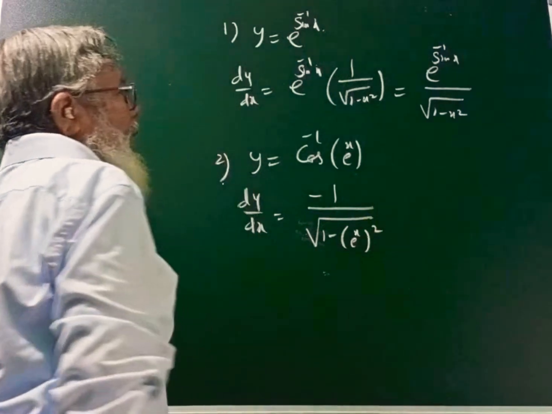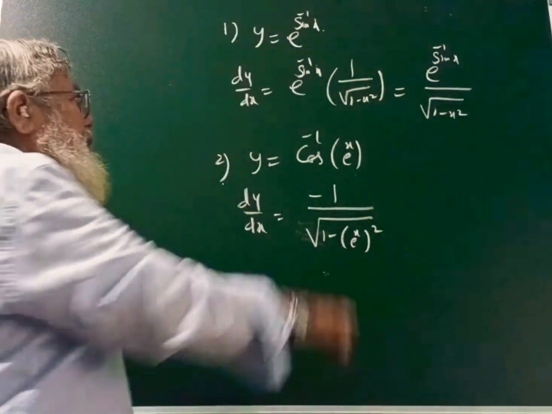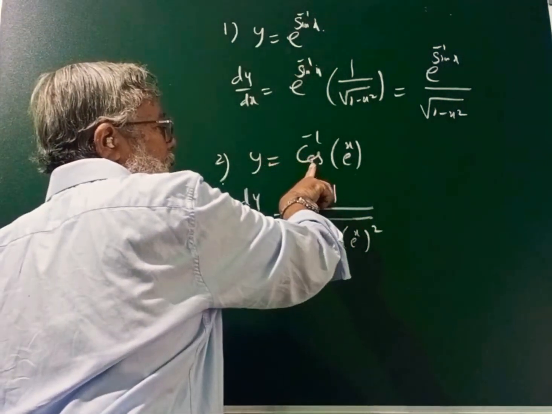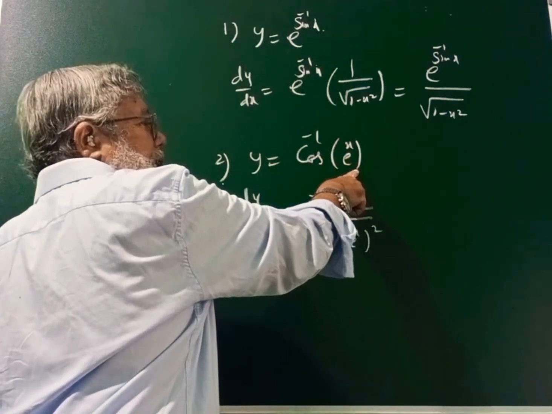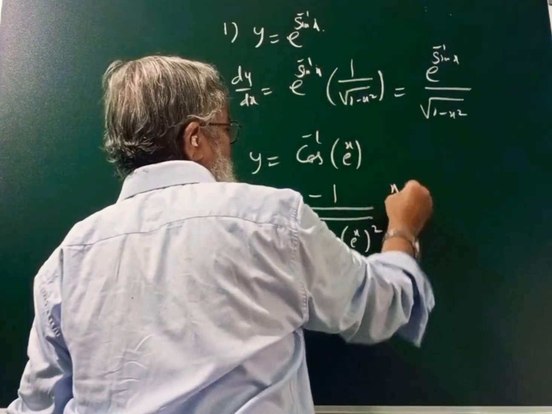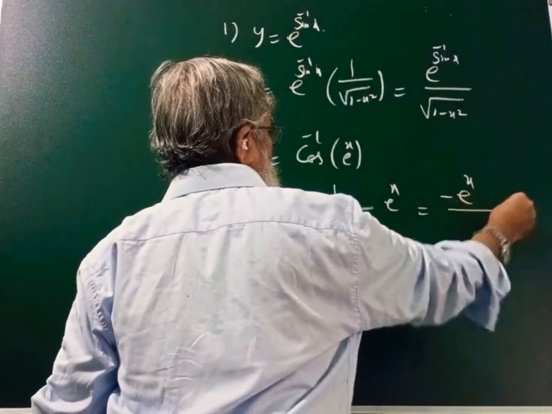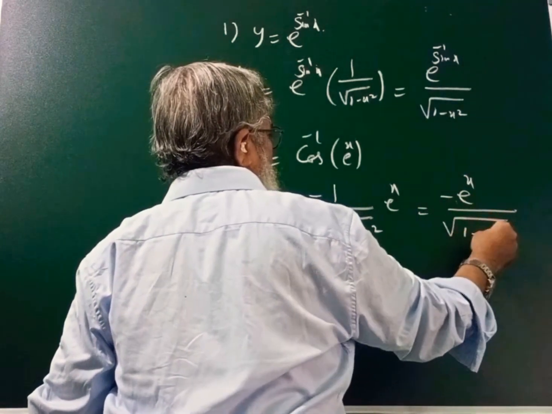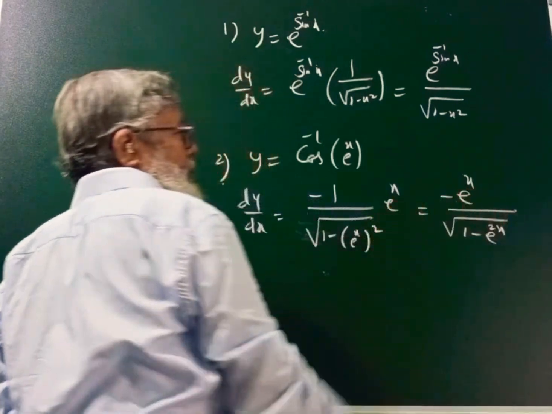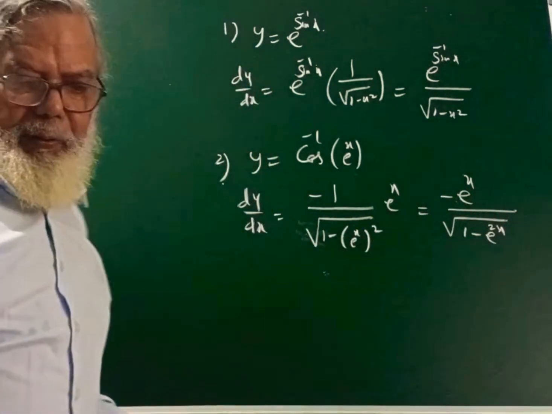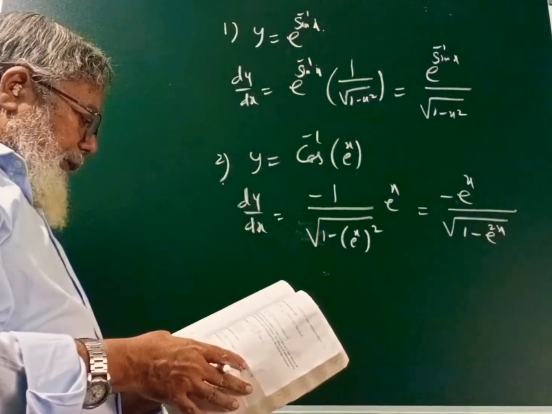In place of x we have e raised to x. This is the differentiation of cos inverse. Now the differentiation of e raised to x is e raised to x only. We can write this as minus e raised to x divided by under root 1 minus e raised to 2x after multiplying. Now the inverse functions appear.